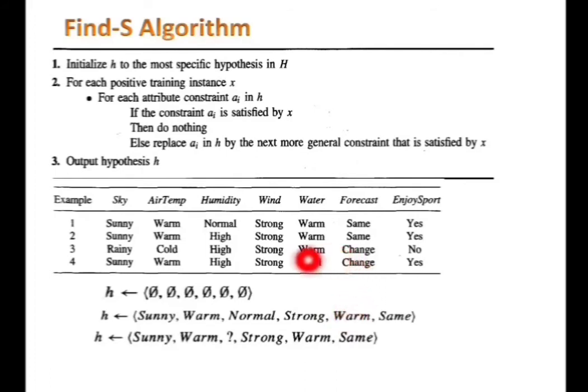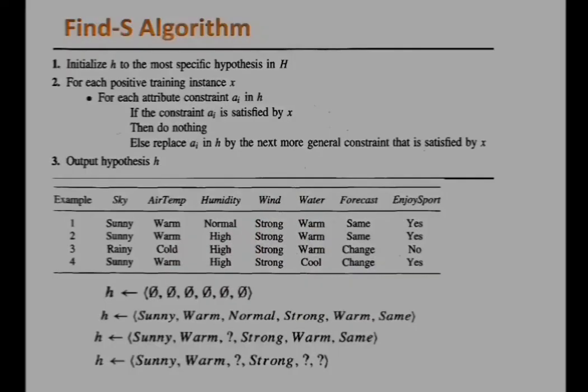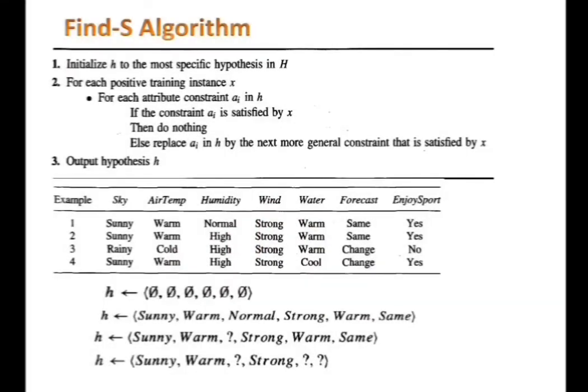Similarly in the hypothesis we have same for the last attribute, and in the training example we have the value change, so that means either same or change should be accepted for the attribute forecast. Hence the new hypothesis will have the value sunny, warm, question mark, strong, question mark, question mark. Hence this is the most specific hypothesis which is going to correctly classify these training examples.